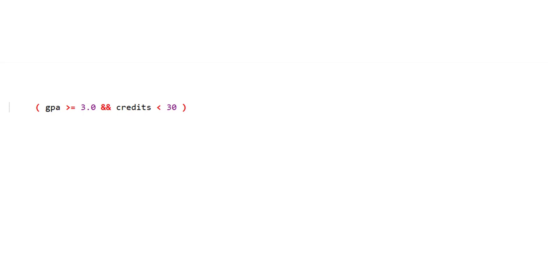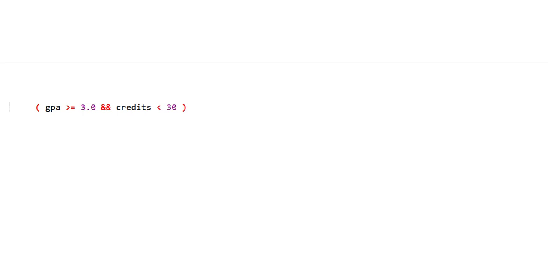Let's take an expression here. You'll notice, let's say we want to give a scholarship to any students whose grade point average, otherwise known as GPA, is greater than or equal to 3.0, and, notice the two ampersands, the credits that they currently have total are less than 30.